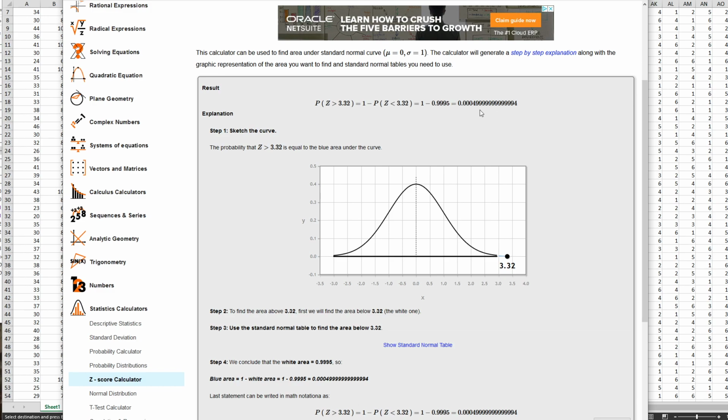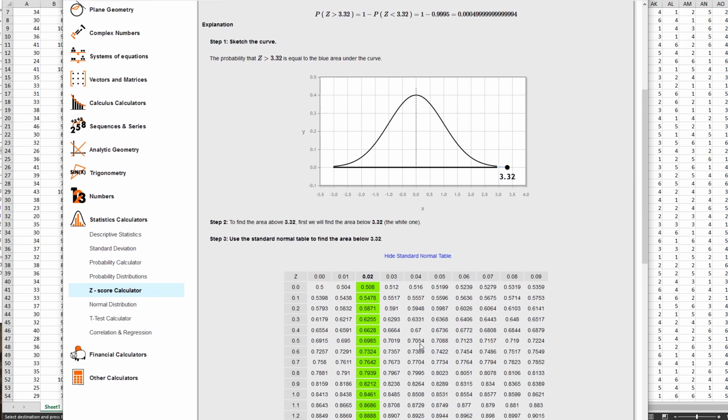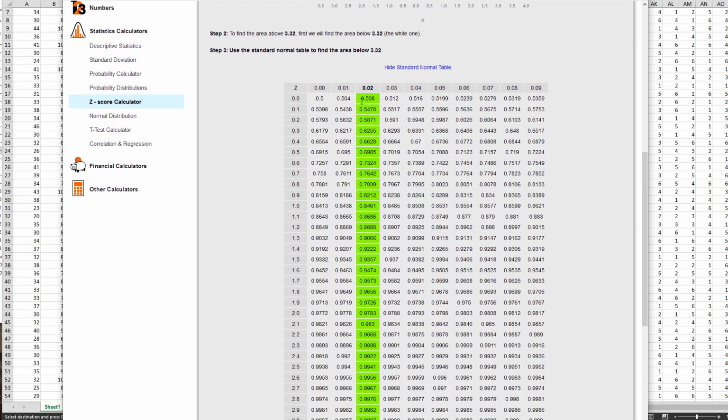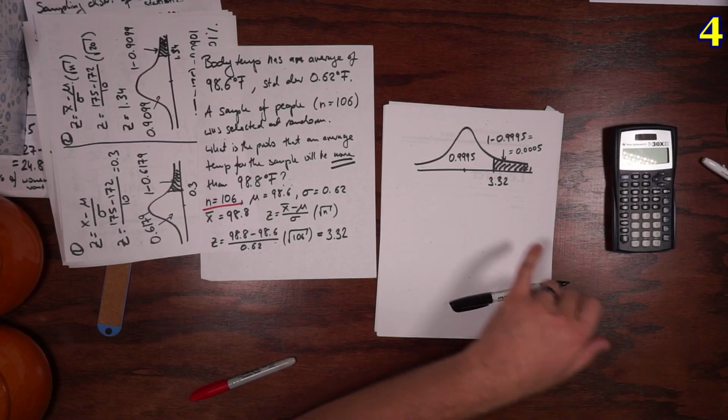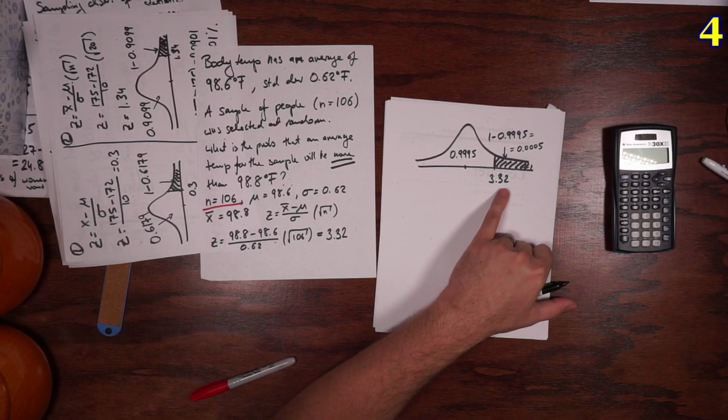This is telling us that this area is 0.9995, which makes this area 1 minus 0.9995, which makes it 0.0005. Right, we're looking at 3.32.